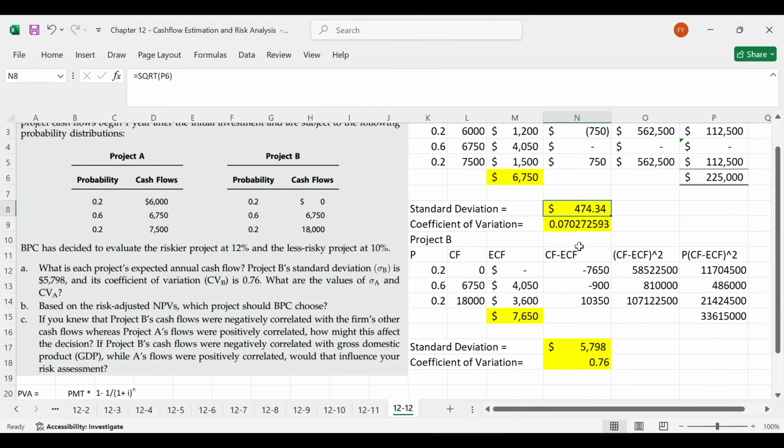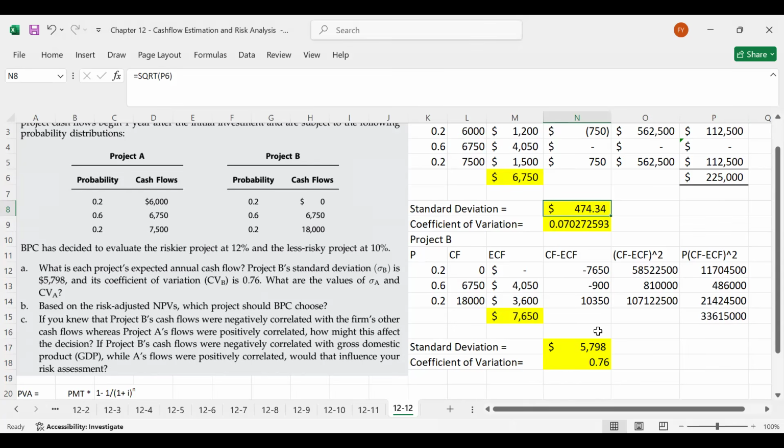So this is basically the concept of risk adjusted NPV, because we calculate NPVs based on the risk of mutually exclusive projects. For the riskier projects, you can see the standard deviation is higher.